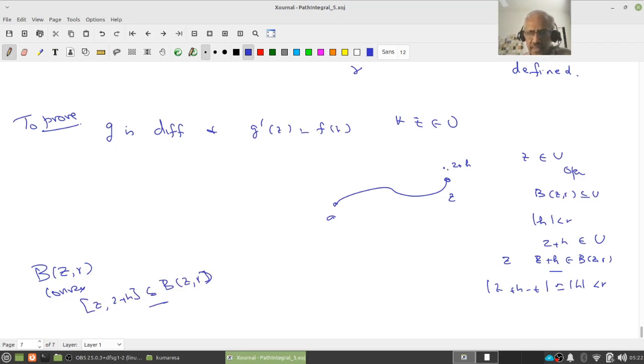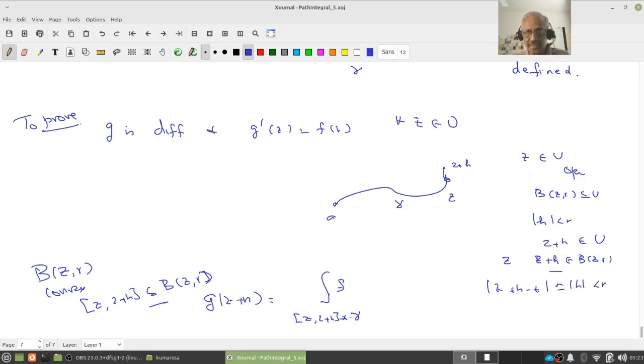Therefore I can think of g of z plus h as this path: suppose this is the path gamma, then the path z to z plus h composed with gamma, of f. And remember, my g is well defined, independent of the path.